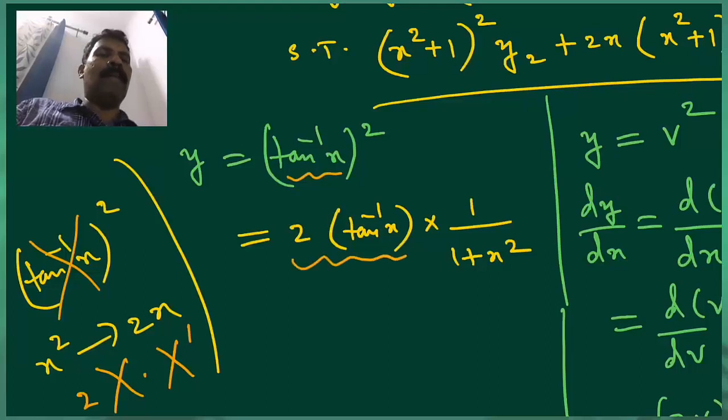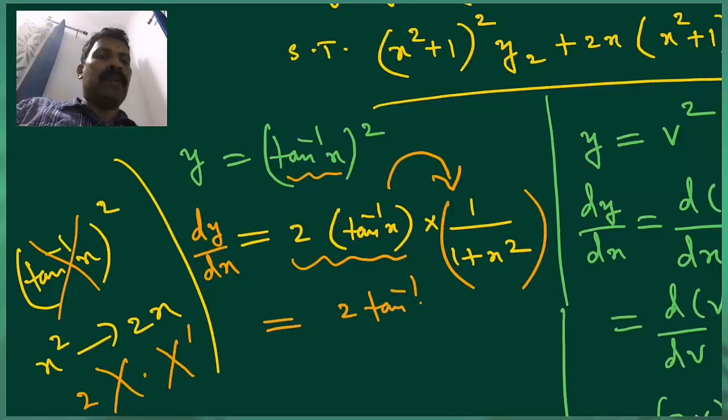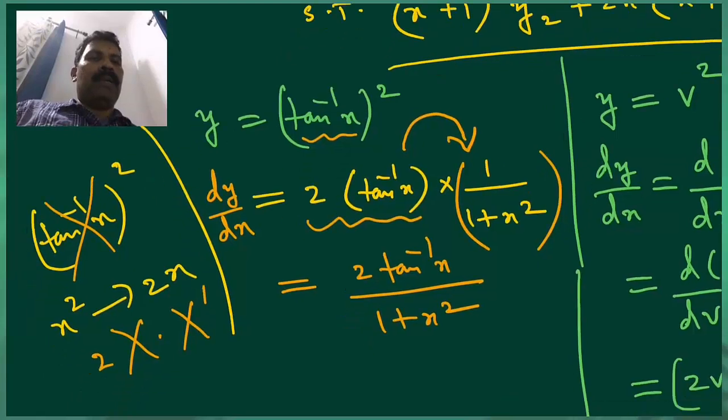So using the power formula, then the derivative of tan inverse x you can write like this. So that will be very simple. So you have the derivative, that is dy by dx, equal to 2 tan inverse x by 1 plus x square.